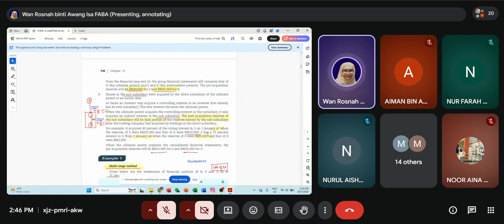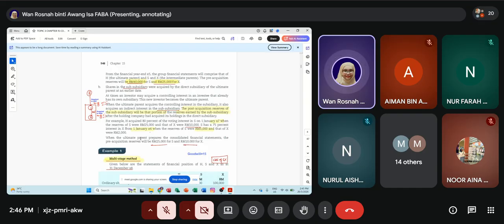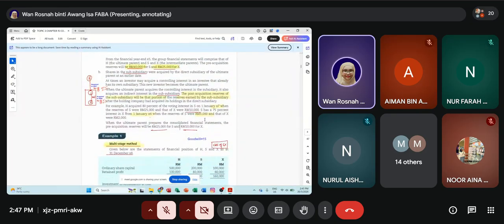So S has a 75% interest in X from January X4, when the reserves of S were 5,000 and that of X is 2,000. So the parent will prepare a consolidated financial statement with the pre-acquisition reserves of 25,000 for S and 10,000 for X, which is on the date of acquisition.